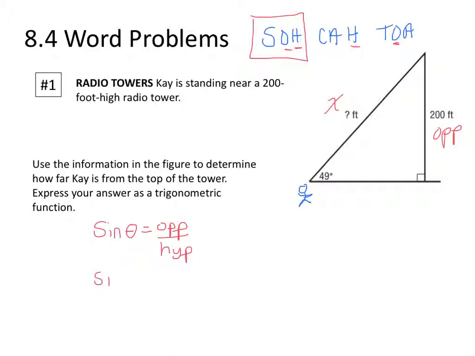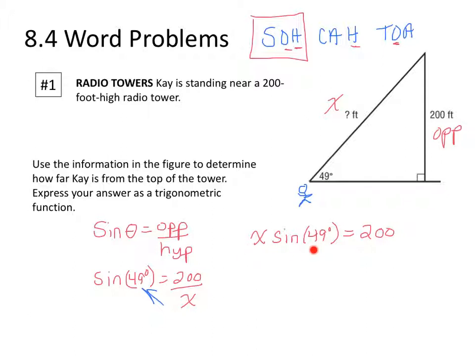The sine of 49 degrees equals 200 divided by the hypotenuse, which in this case I just named x. Now if we cross multiply, we're looking for x, that distance, and we want to represent it as a trig function. So we're going to cross multiply that up, and we have x times the sine of 49 degrees equals 200, and we're trying to solve for x.